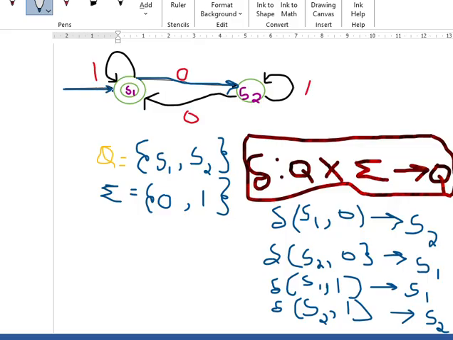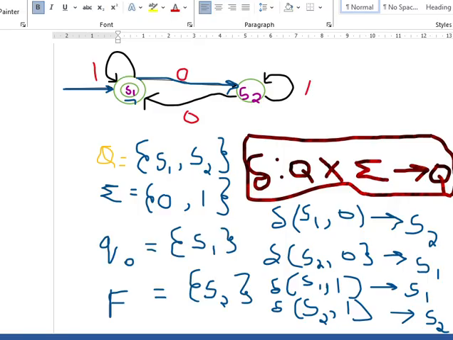To identify a particular state as the initial state, we look for an arrow coming from nowhere, so we can consider this S1 as the initial state. Similarly, to identify the final state, look for the 2 circles. If a state is surrounded with 2 circles, we can say that is the final state. But in this diagram, the initial state and the final state are the same.